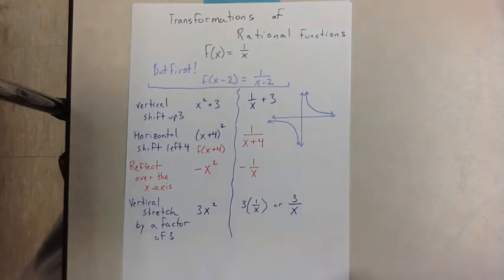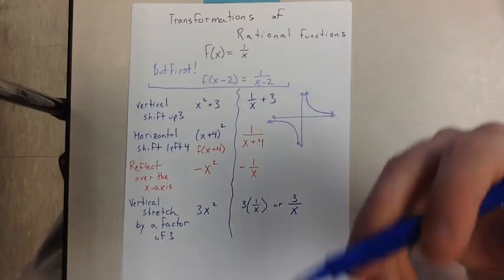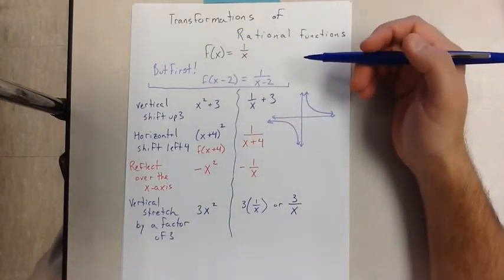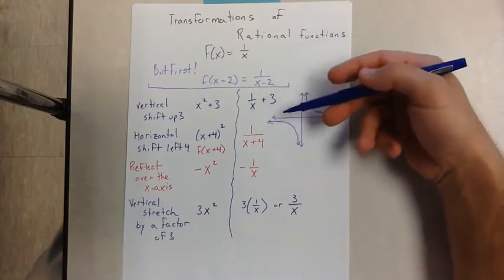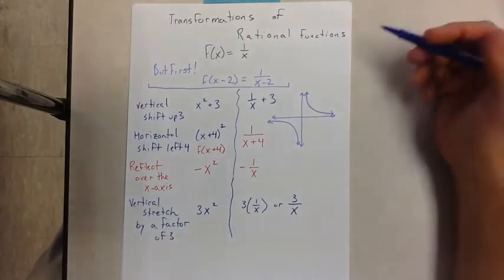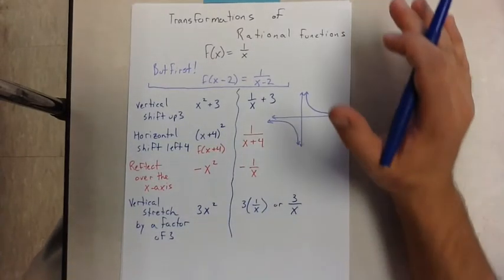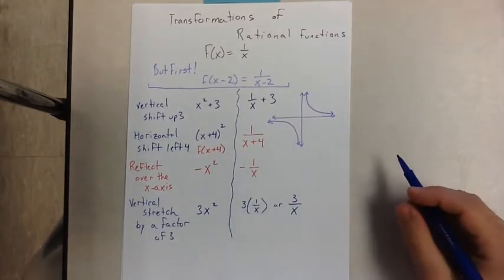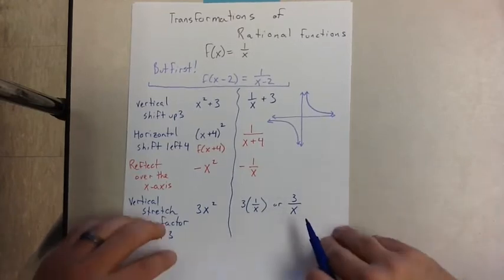Okay? So this is how we would think about it if I was asked to take my function 1 over x and perform transformations on it. So we see really how we apply the transformations is the same as we've seen before. Nothing has changed. But what if I want to look at a function and describe what transformations occurred?